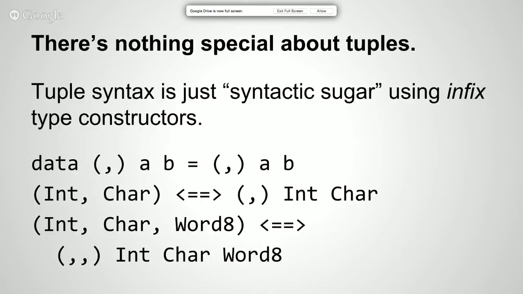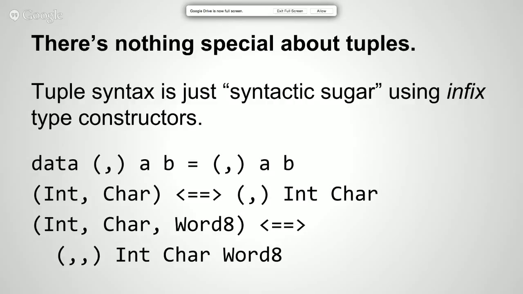So if the pair tuple didn't exist, you could define it with the data statement in the middle. And what we're used to seeing as an int-char pair could be represented in prefix notation with the comma operator in parens, and then int and char.